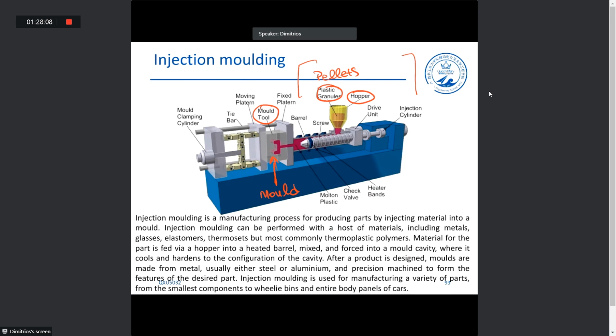So here we use heat at temperatures commonly higher than the melting point of our material, okay? So here we fill the mold with a polymer. So this mold tool is filled with polymer.